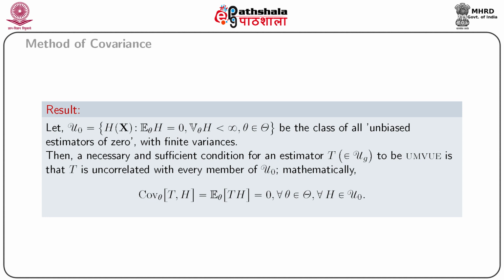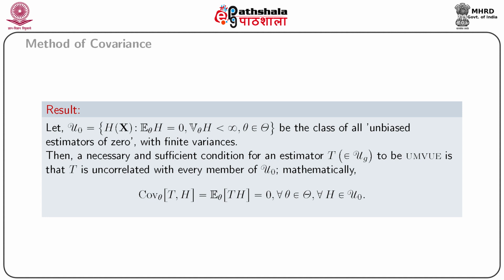Next, we shall discuss a method for determining a UMVUE. This is called the method of covariance. Let U_0 be the class of all unbiased estimators of 0 with finite variances. That is, U_0 equals the set of all H(X) such that expectation of H equals 0 for all theta and variance of H is less than infinity for all theta.